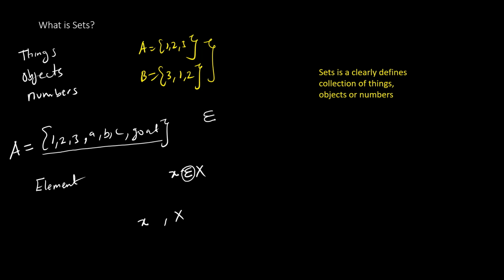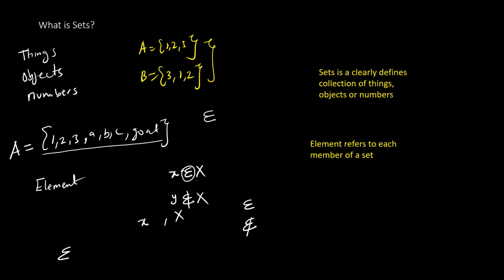So we say x is an element of X. And if x is not an element of X, we simply negate this. For example, we have y is not an element of X. So we have looked at two symbols, this and this.